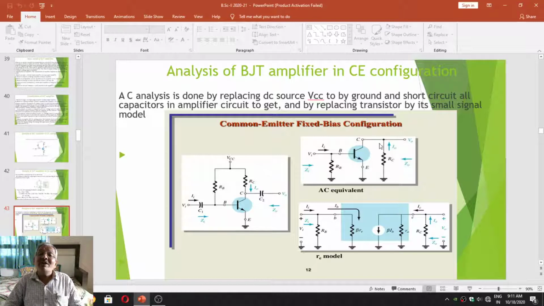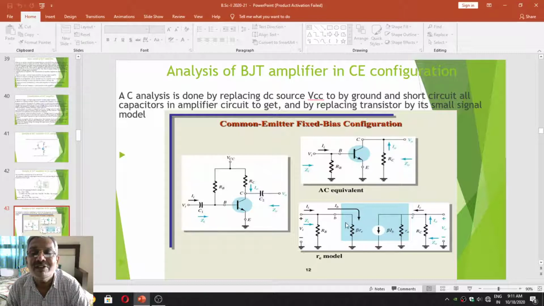Now we are replacing this BJT by its small signal model. That small signal model is represented here as beta into RE, and beta IB, which is the current source.